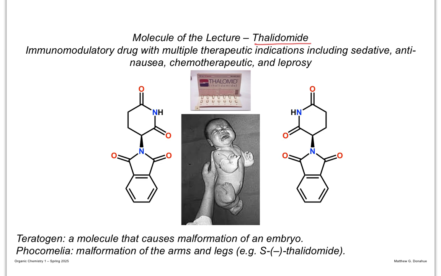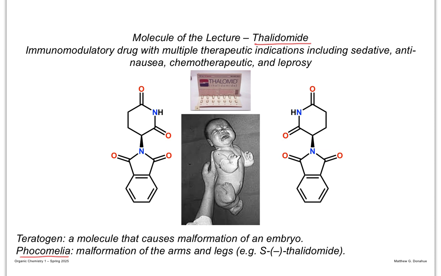It was then found that those women, when they gave birth, had babies with a deformation called phocomelia, and that basically means the limbs do not grow correctly. It turns out that thalidomide is a teratogen when pregnant women use it, a molecule that causes a malformation in the embryo.